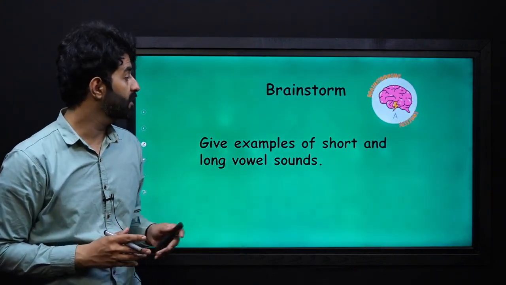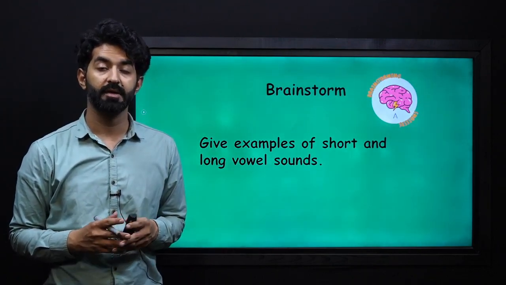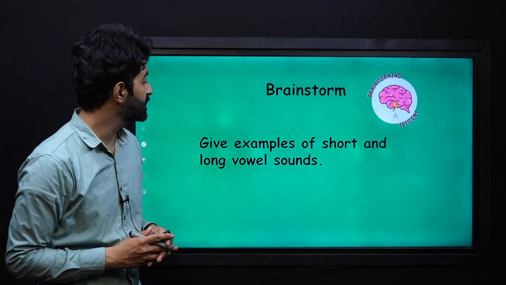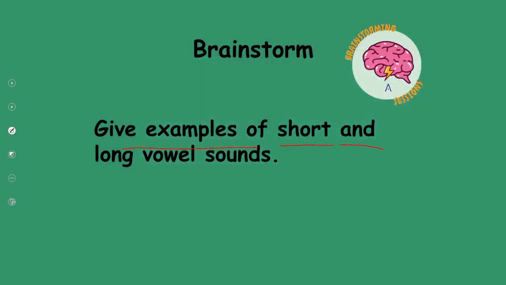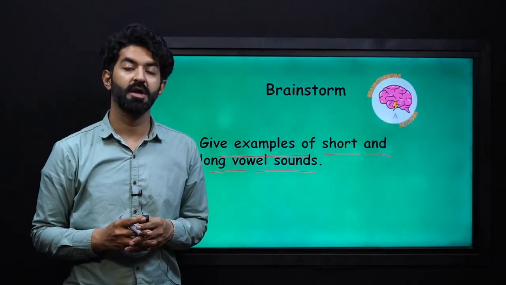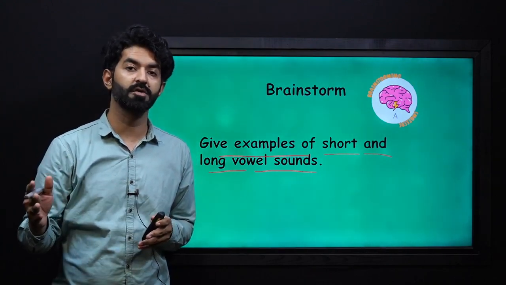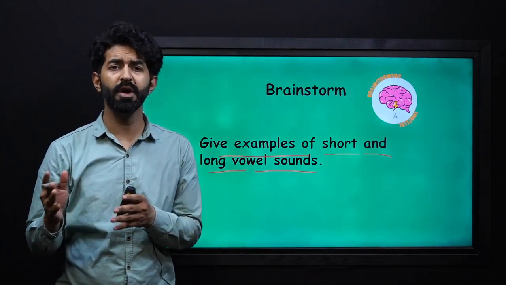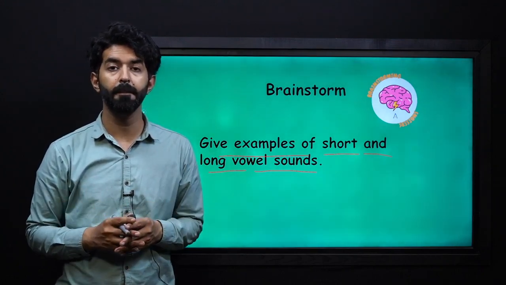Now, my dear learners, very quick short brainstorming session, and this activity is for your understanding. Give examples of short and long vowel sounds. We know that vowels are sounds like A, E, I, O, U, or different sounds. They are 20 vowels when we are pronouncing or reading them.